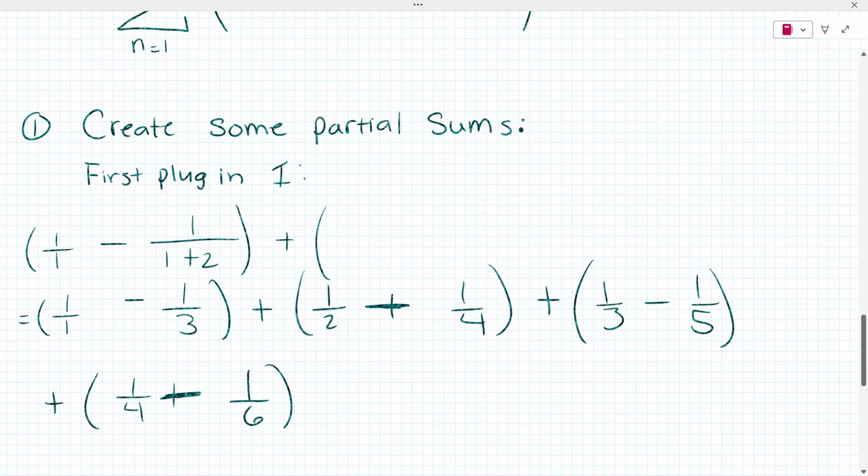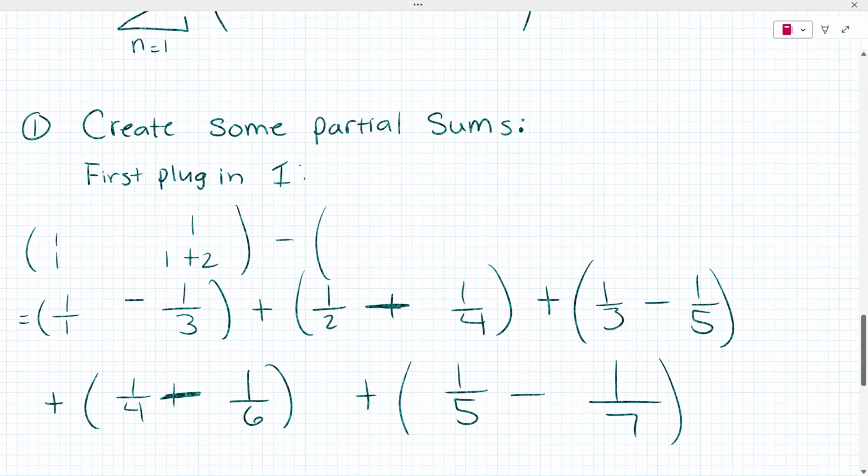And then if I plug in 5, it would be 1/5 minus 1/7, since 5 plus 2 is 7. Okay, now this is what we got. Do you see anything that cancels?